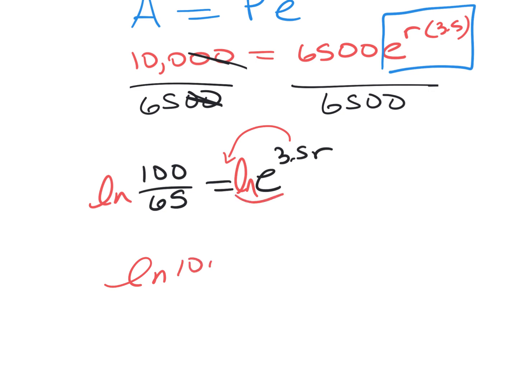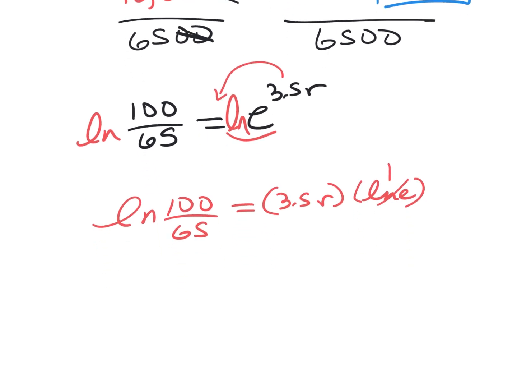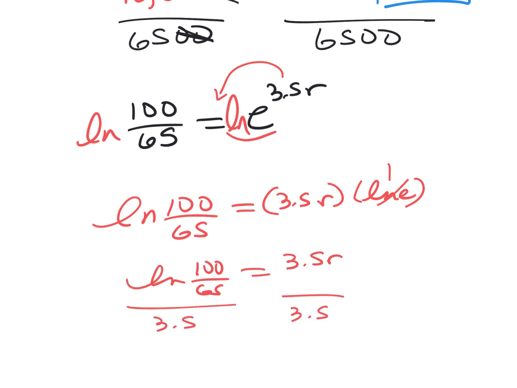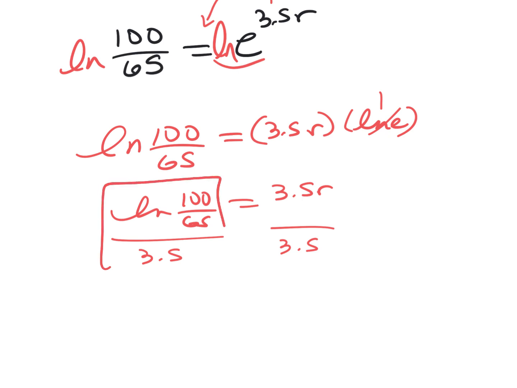So now I have ln of 100 over 65 equals 3.5R times ln e, which just becomes a 1. So then now I have natural log of 100 over 65 equals 3.5R. Divide both sides by 3.5. And whatever we get on our calculator from this is our answer.